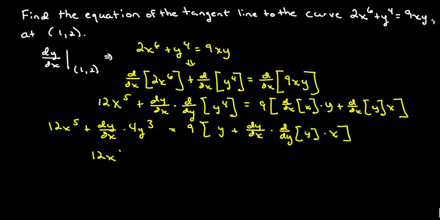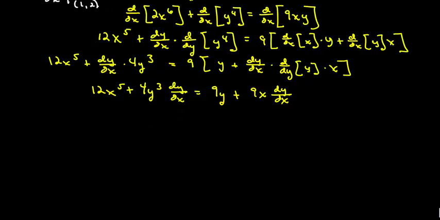So this would be 12x to the 5th plus 4y to the 3rd dy/dx is equal to 9y. This guy right here is 1. Okay, so it'd be plus 9x, 9 times x, times dy/dx. Now we need to solve for dy/dx, get that guy by itself, so we'll move everything that has dy/dx onto one side, everything else onto the other side, just like you would solve for a variable.